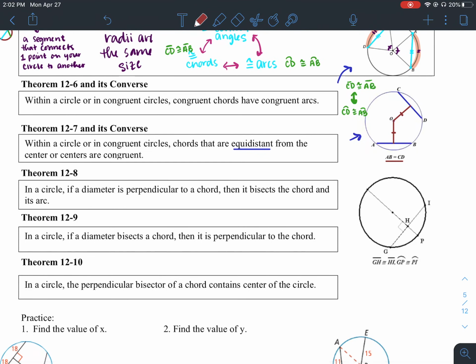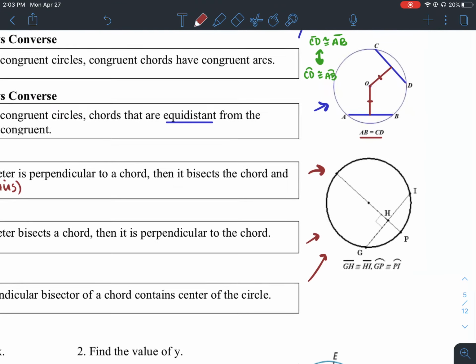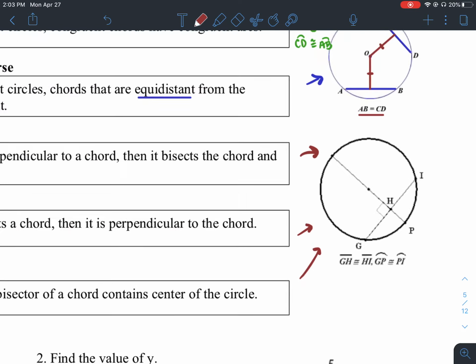Theorem 12.8 says, okay, you've got a circle, and actually all three of these are using the same picture here. It says you have a circle. If, say, a diameter is perpendicular to a chord, and this diameter can be replaced with the word radius, so either diameter or radius is perpendicular to a chord, then it bisects the chord and the arc.